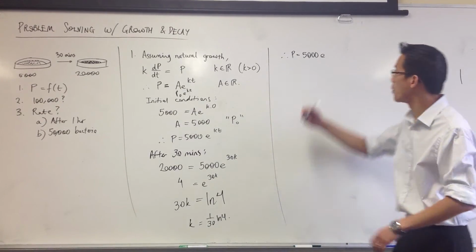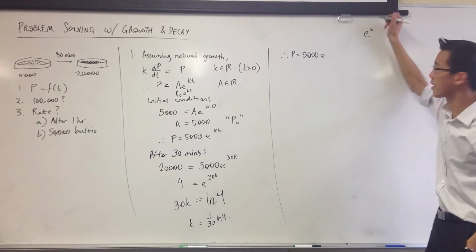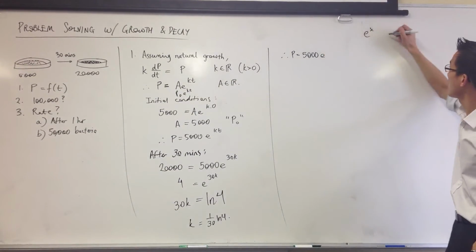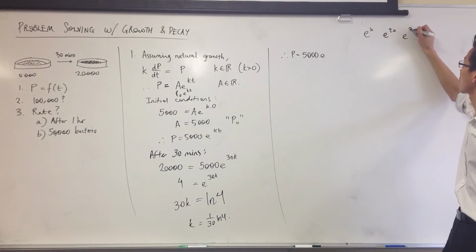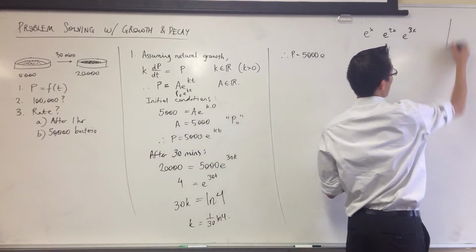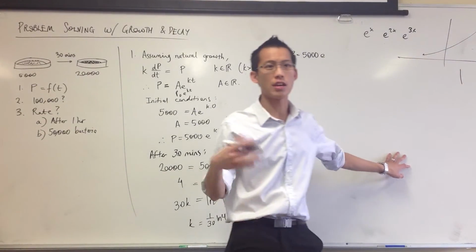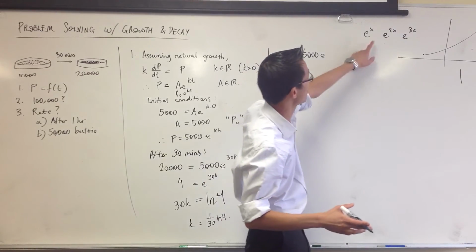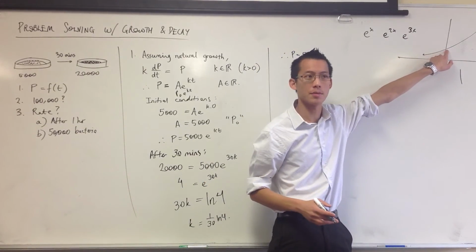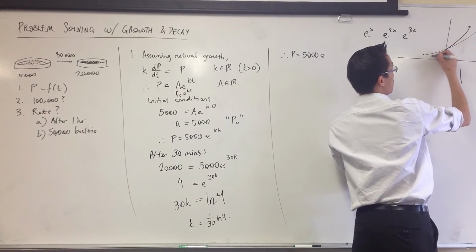Do you remember when we were graphing, say e to the x versus e to the 2x or e to the 3x? What's the difference between all of these? Well, when you think about it, if you put e to the x here, changing that index will still make it go through the same intercept, but it's going to grow faster and it's also going to decay faster.